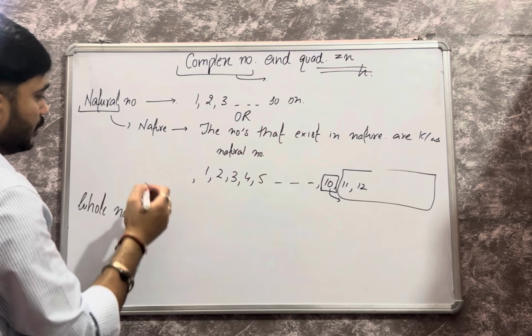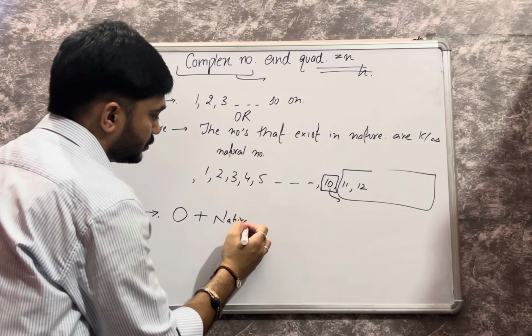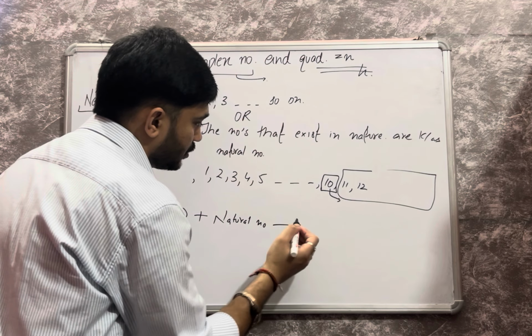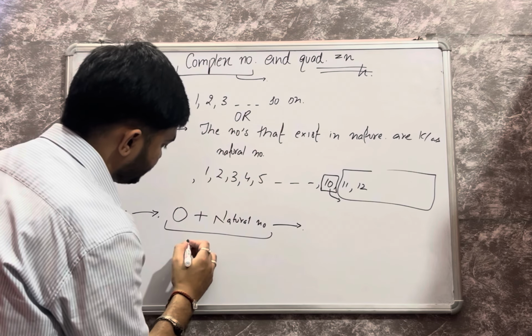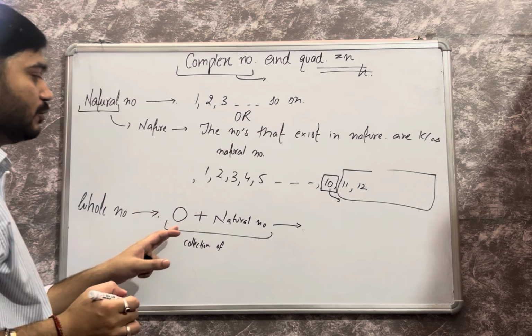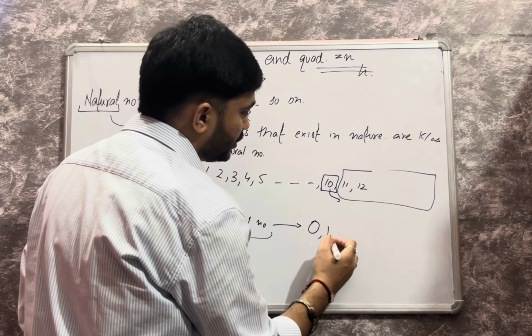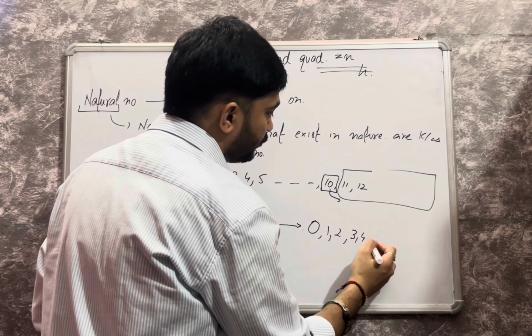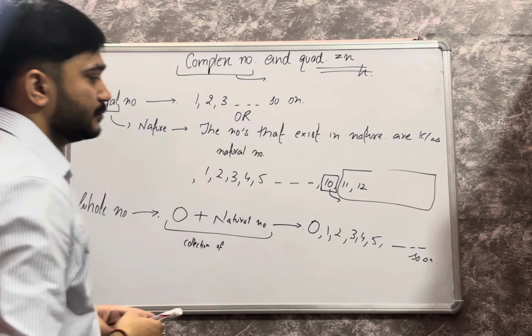So when we take the collection of 0 and all natural number, we get whole number. That is, numbers that start from 0 and move forwards, and so on, are known as whole number.